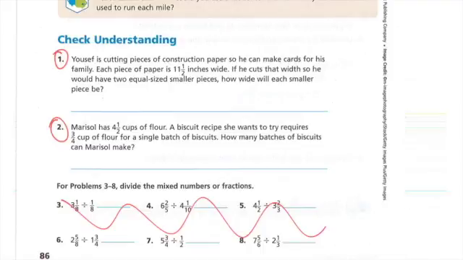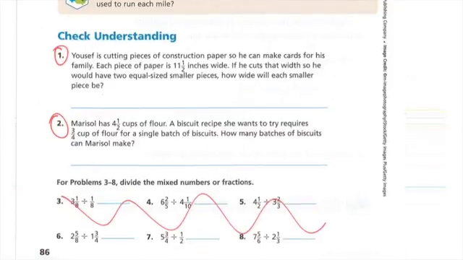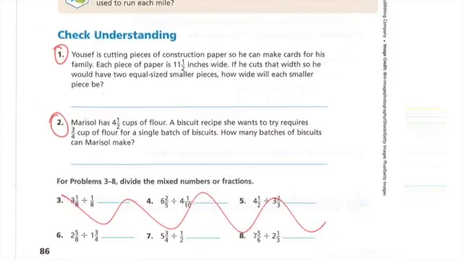So first you had to set up a math problem. I read that he has a piece of paper that is 11.5 inches. So that's where it starts. And then I read that he wants to cut it or divide it into 2 pieces. I'm going to divide by 2. So then I have to change 11.5 to an improper fraction.